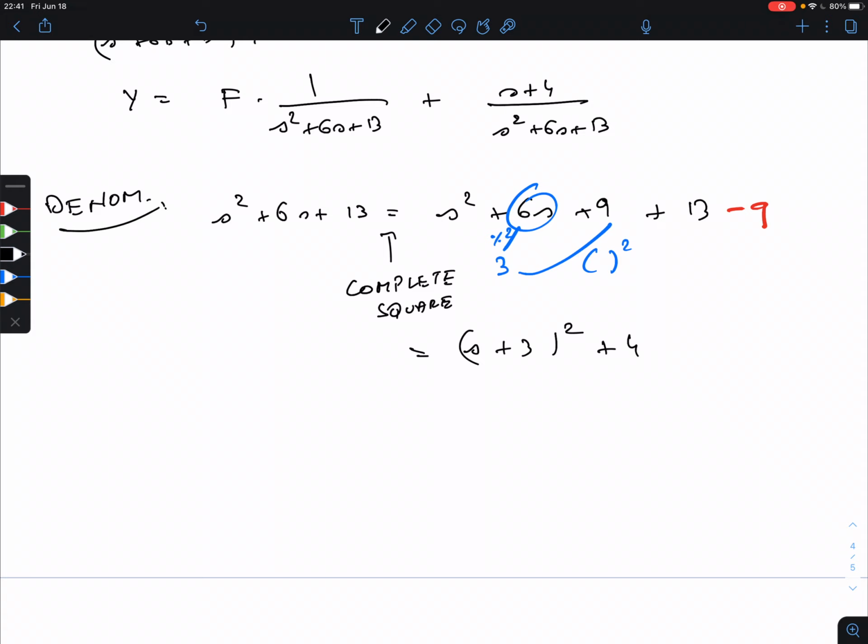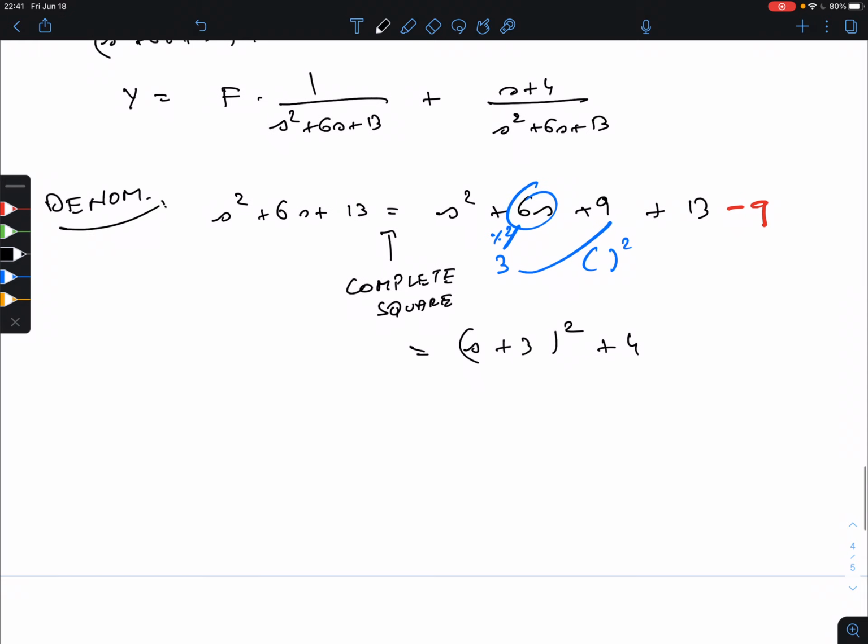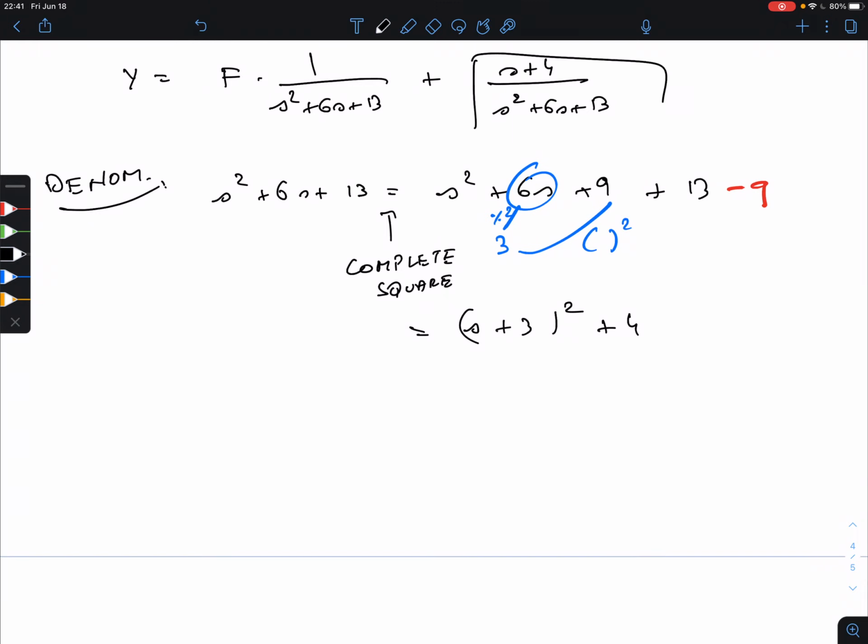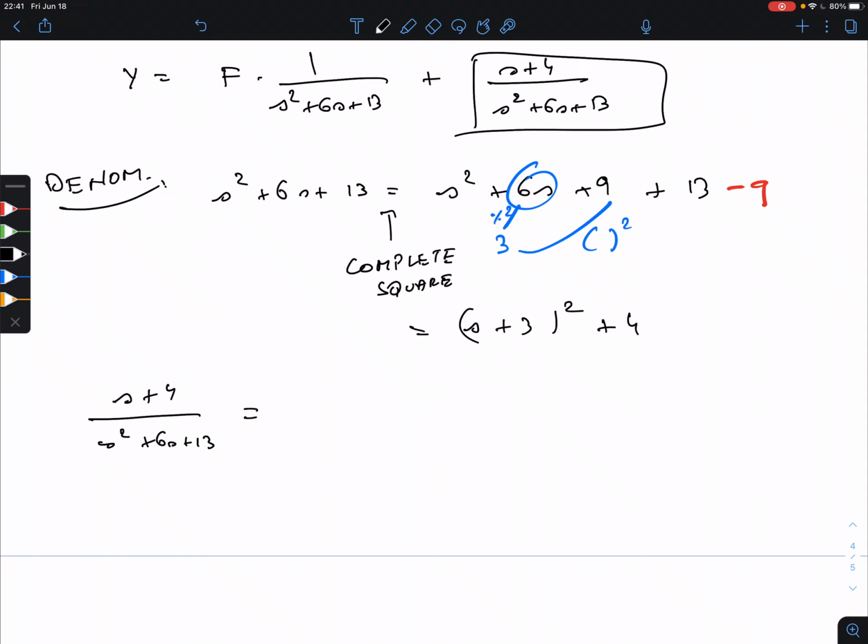So what does this now mean? Well, let's discuss this one first. Our partial fraction for (s plus 4) over (s squared plus 6s plus 13) is going to be of the form A(s plus 3) plus B over (s plus 3) squared plus 4.